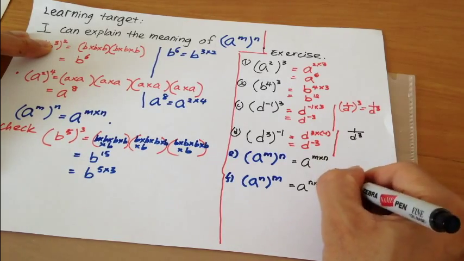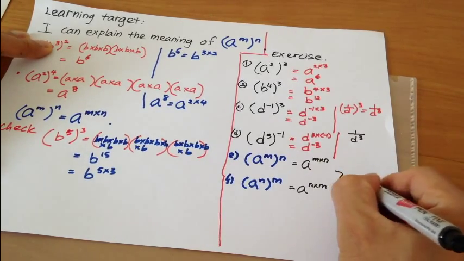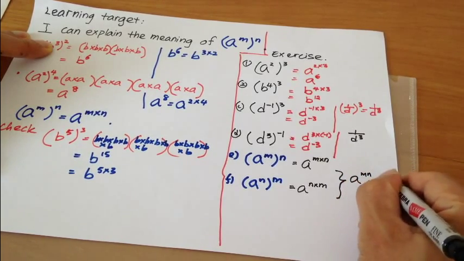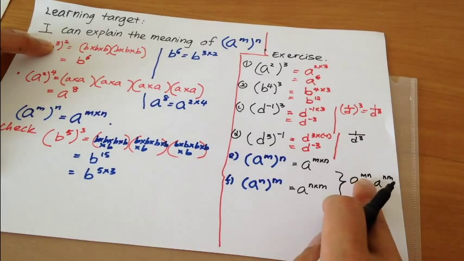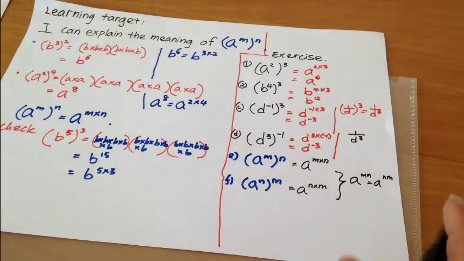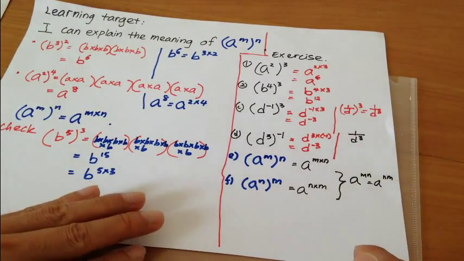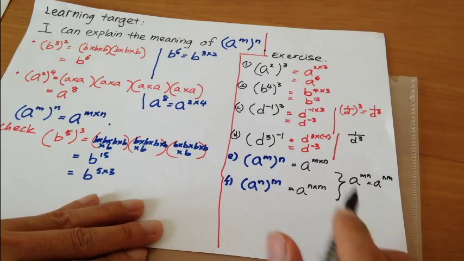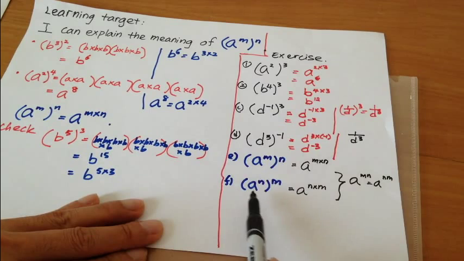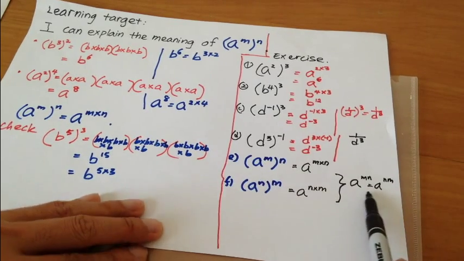Both of them are actually the same thing. a to the power of mn is equal to a to the power of nm, because in multiplication, m times n is equal to n times m. So if your friend asks you what's the relationship between a to the power of m raised to the power of n and a to the power of n raised to the power of m, then it has to be the same.